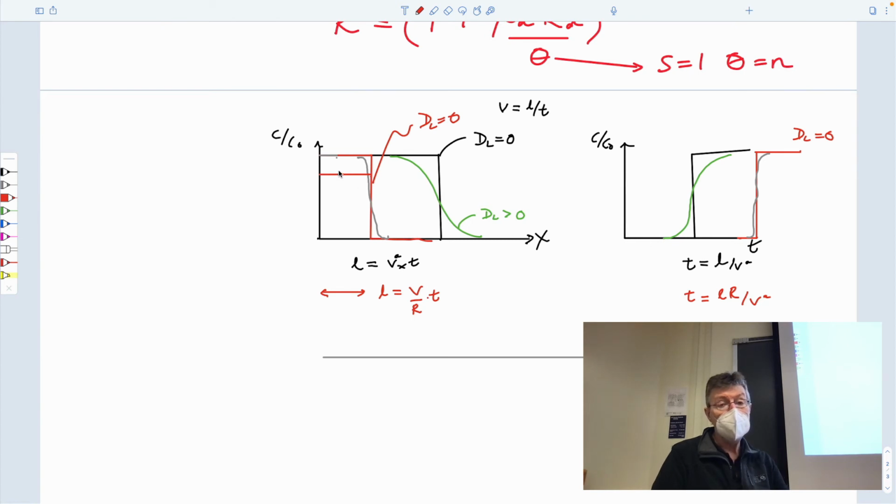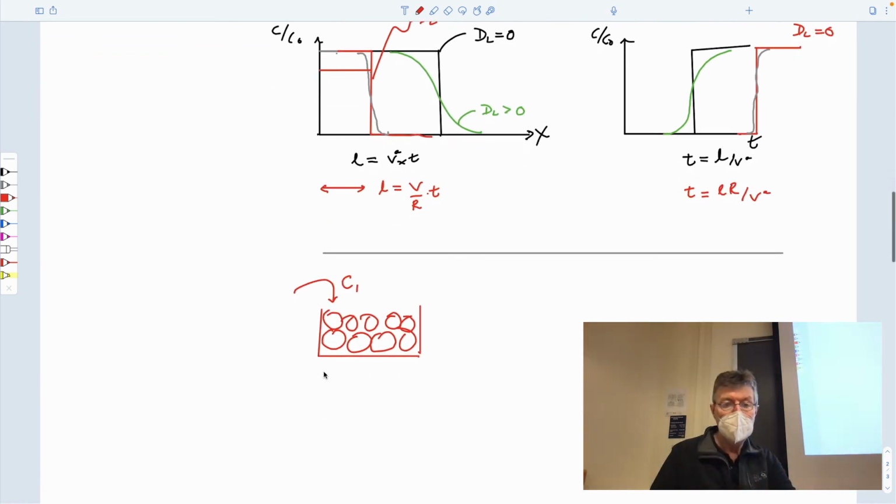So what's the reason for that? Well, if you filled up this portion of the porous medium with this solute, and it removes it and puts it onto the aquifer, I suppose if you took a box and filled it with grains, and you put in something of concentration C1, and you looked at the distribution, it'd be a uniform concentration across the whole thing.